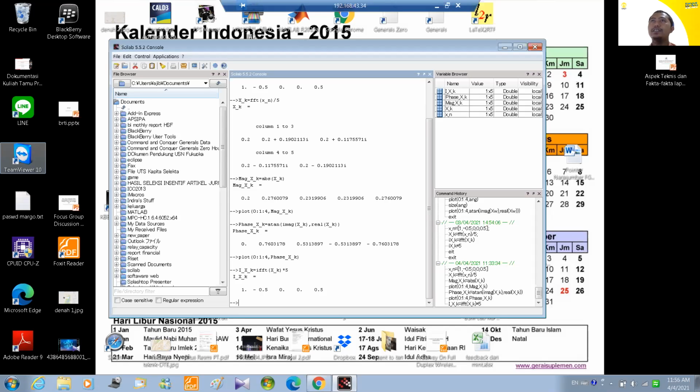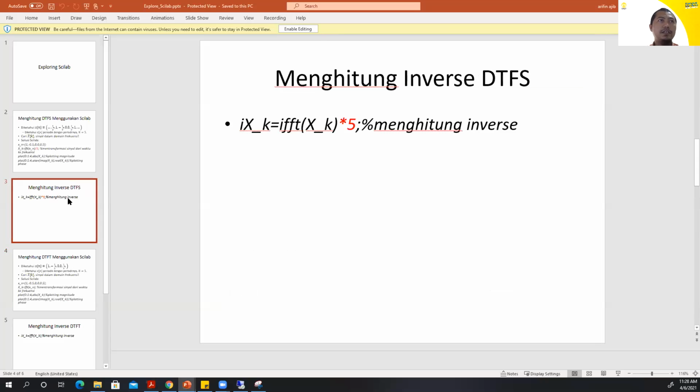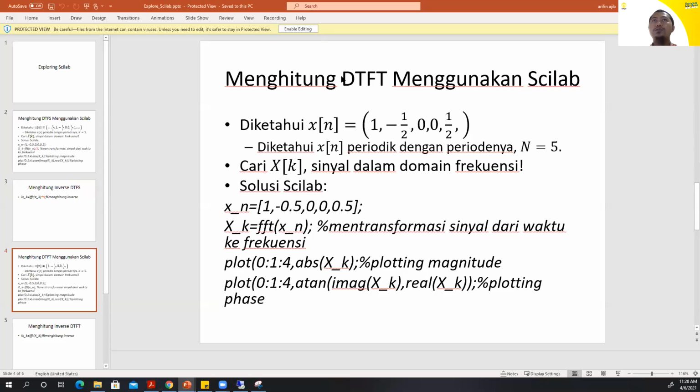This is the inverse, and then we move forward to how to compute the discrete time Fourier transform using Scilab.